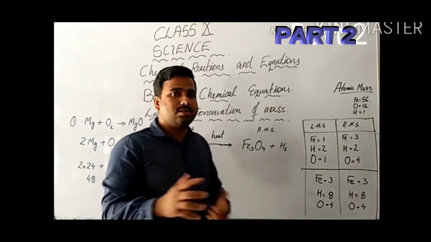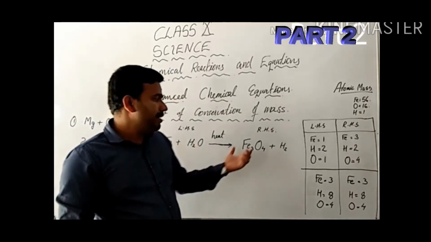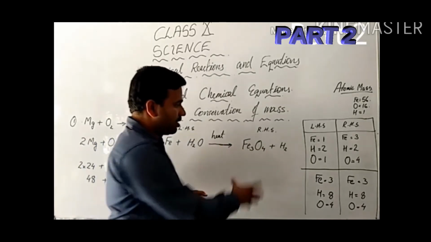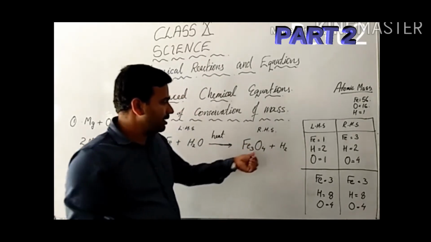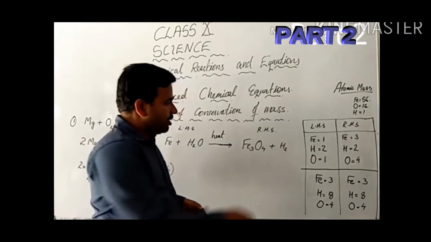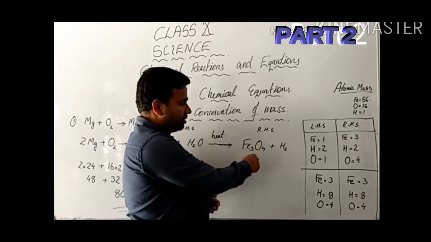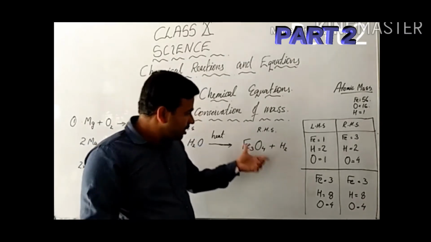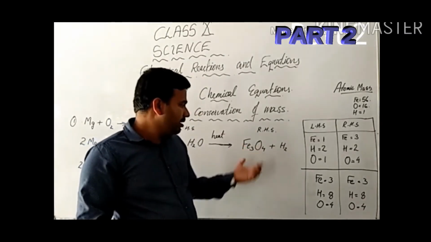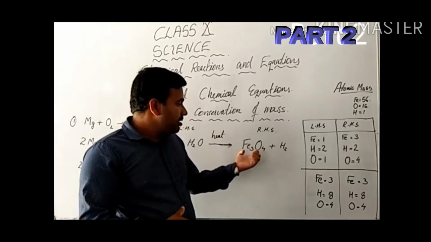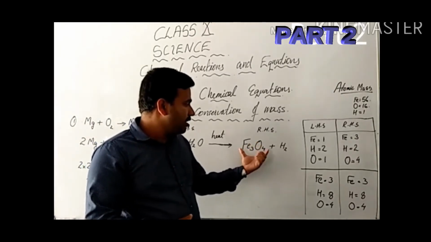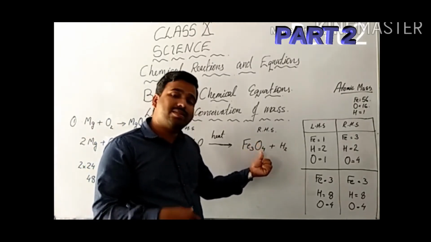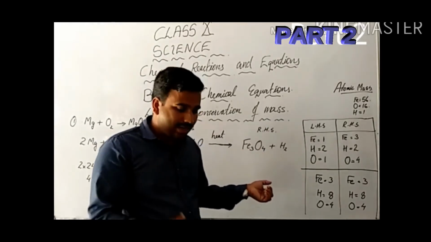So now let us try. While you balance a chemical equation, first you identify the compound which has the larger number of atoms. So we select oxygen. We identify a compound containing a large number of elements, and that is Fe3O4 here, and in that compound, the element with the maximum number of atoms.